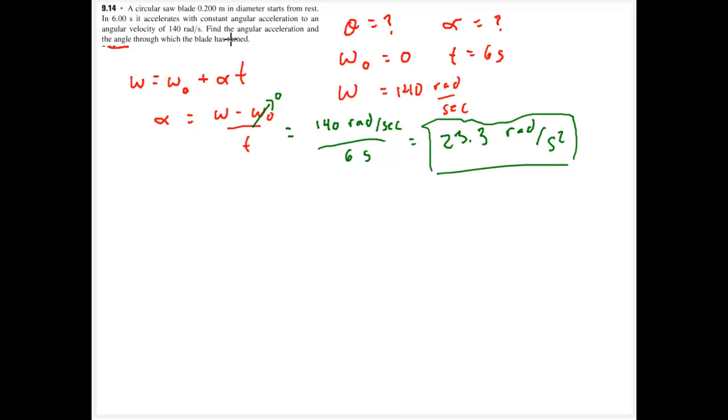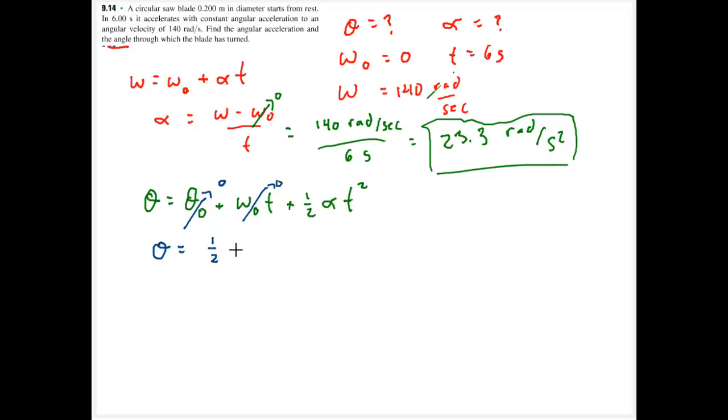Now we're asked to find the angle. We know that the angle is going to be related to the initial angle plus the initial angular velocity multiplied by time plus 1/2 angular acceleration multiplied by time squared. We can say that that guy is equal to 0, and actually this guy is going to be equal to 0 as well.